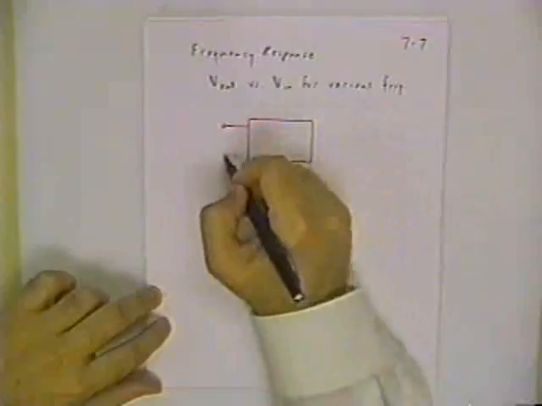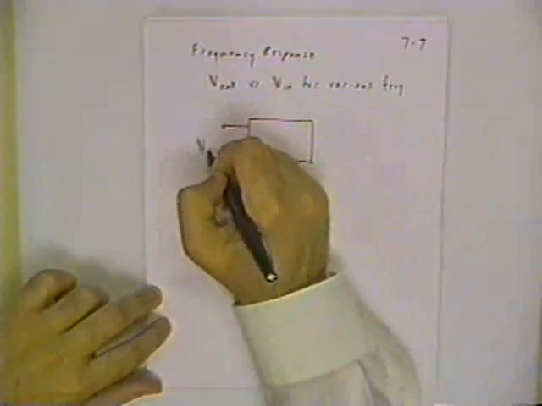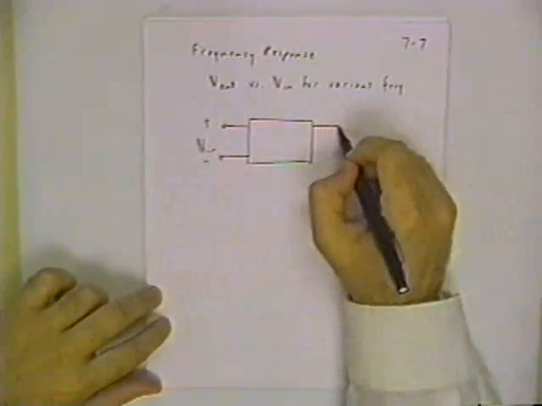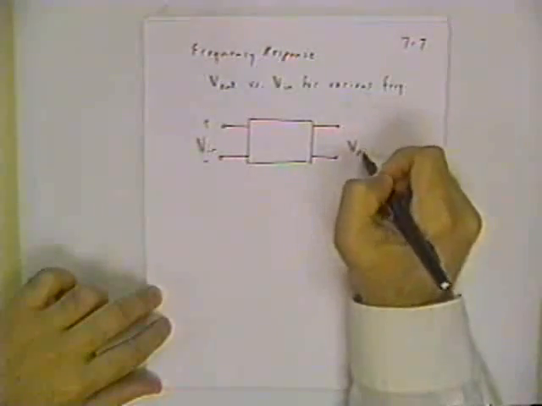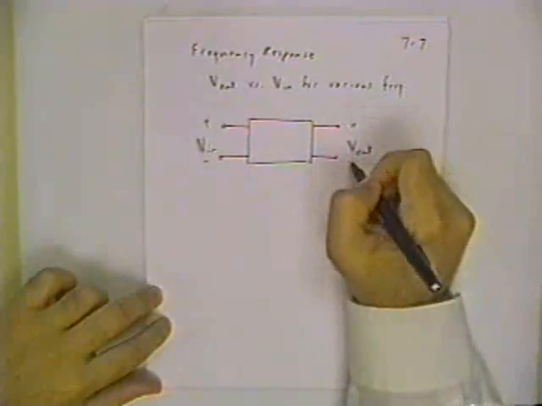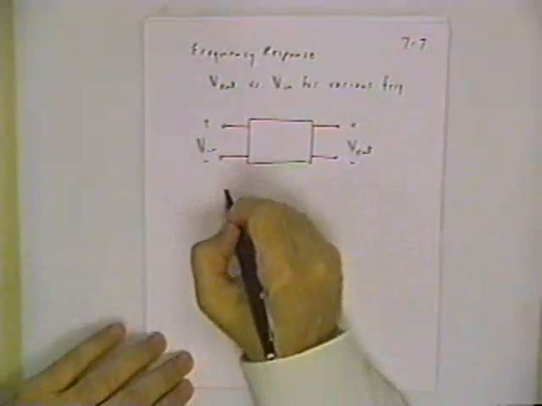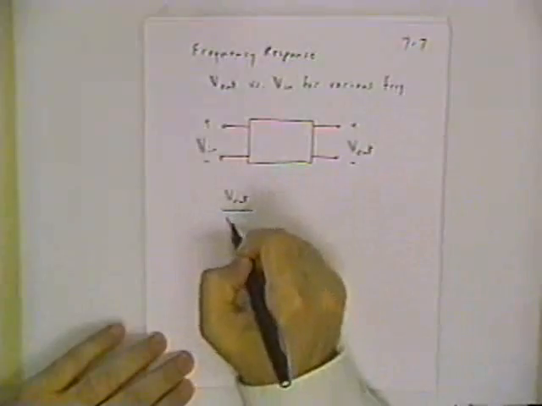At 2 points, you're identifying the input voltage. And then at some point in the circuit, you're probing the output with a voltmeter or an oscilloscope or some other measuring device. And what you do is set up a ratio of V out divided by V in.